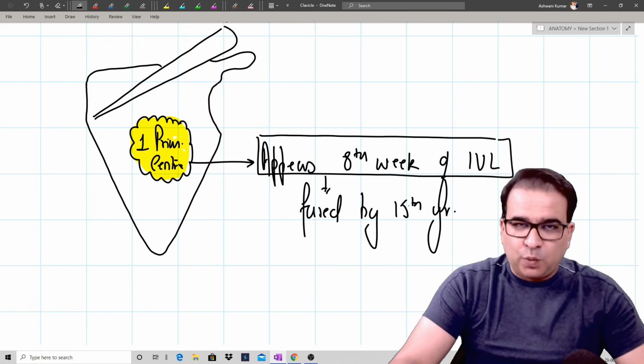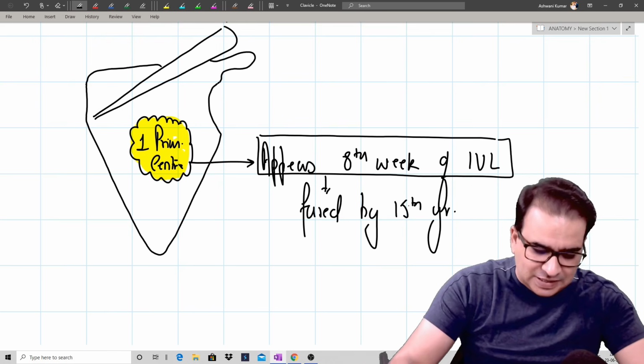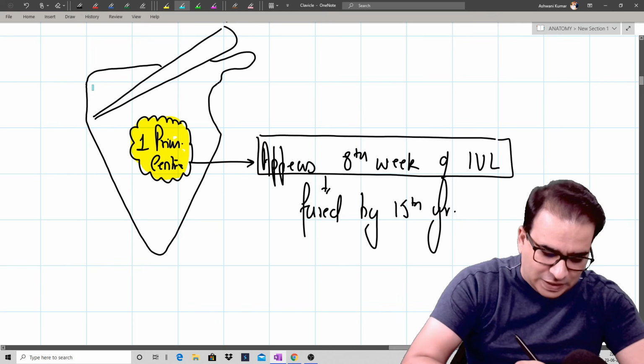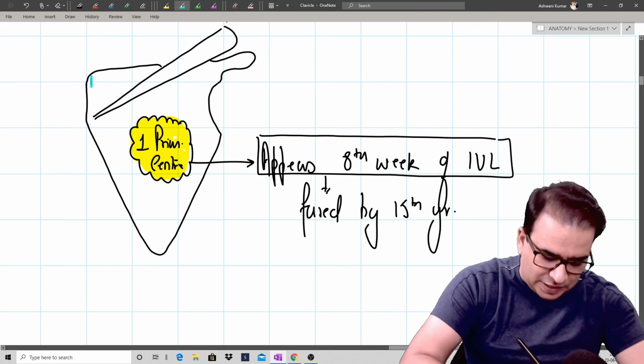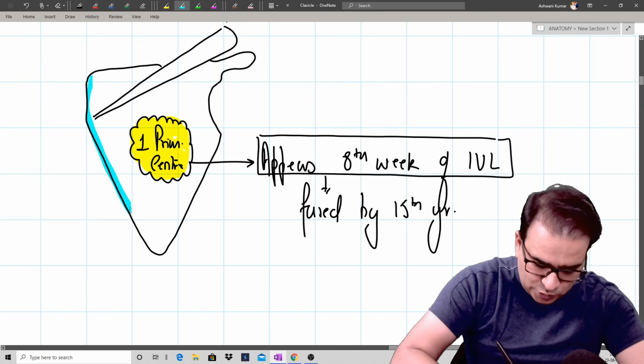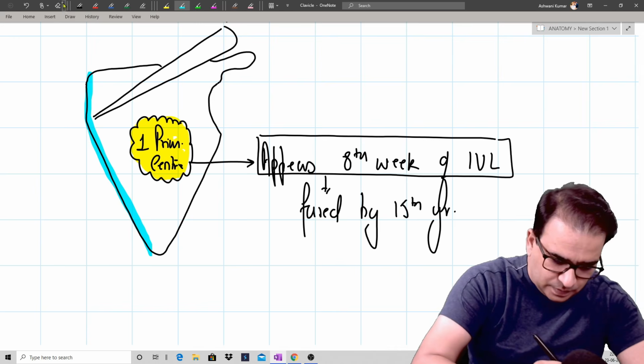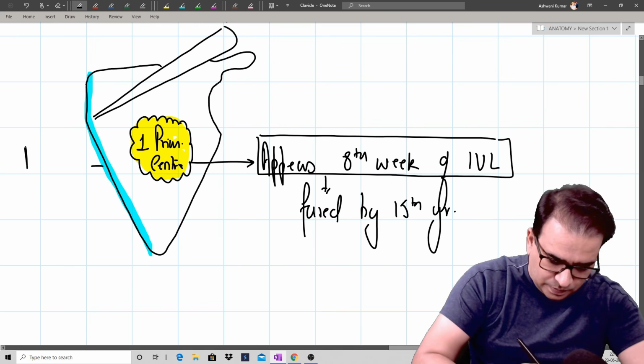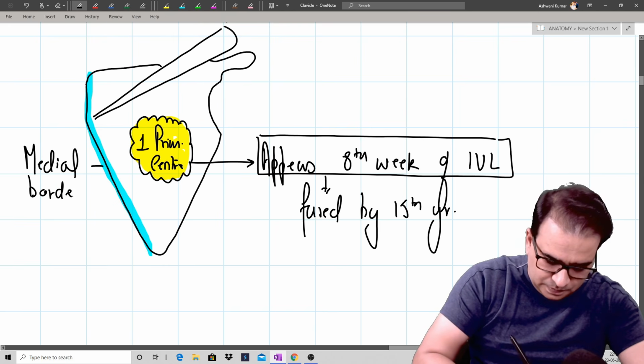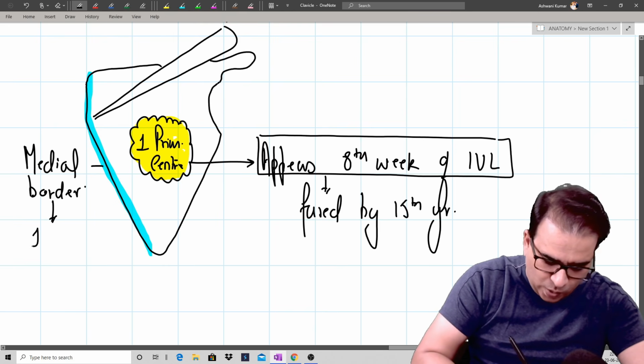Secondary center of ossification. Now what is interesting here is the secondary center of ossification. Now we have one secondary center for the medial border. That's the medial border here. I'm just trying to use a different color. So guys, medial border is having one secondary center.